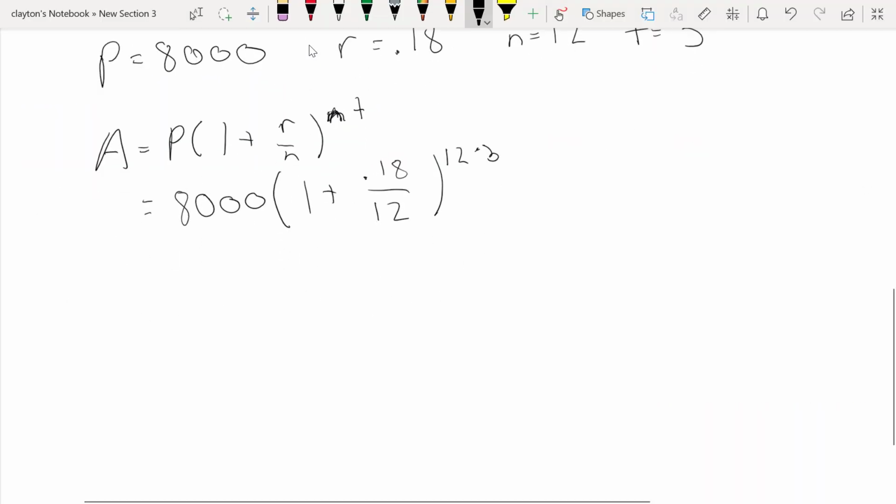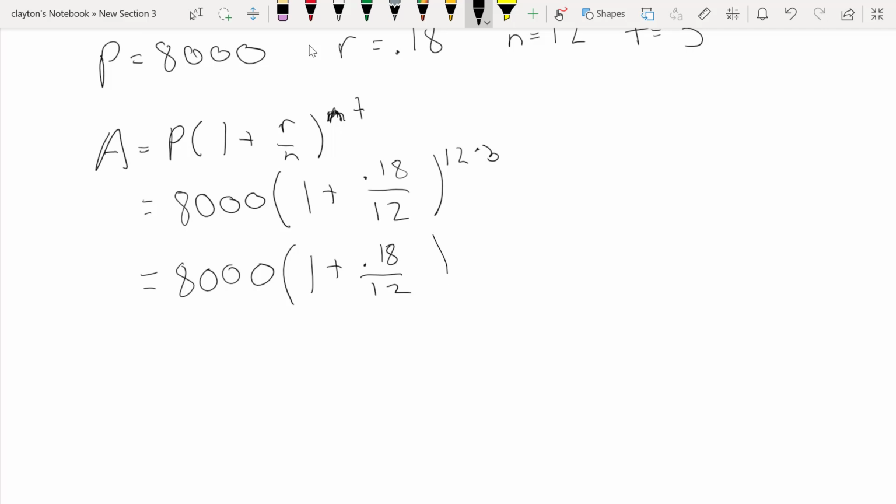This will be 8,000. This will be 1 plus, we're not going to even try to simplify this, we'll leave it. And this will be 12 times 3, so 36. I'm going to worry about the inside. I can easily remember the 8,000. So I have 1 plus 0.18 divided by 12.